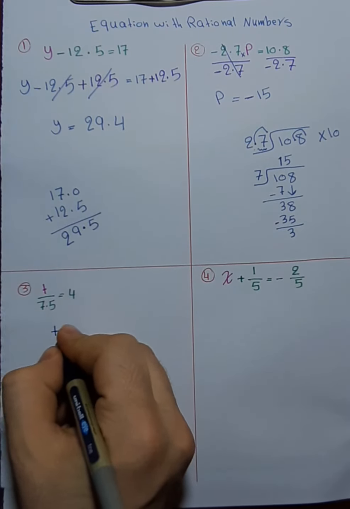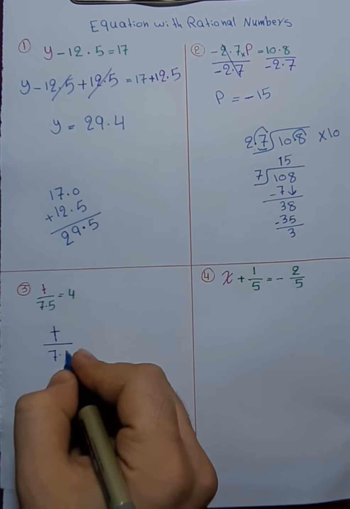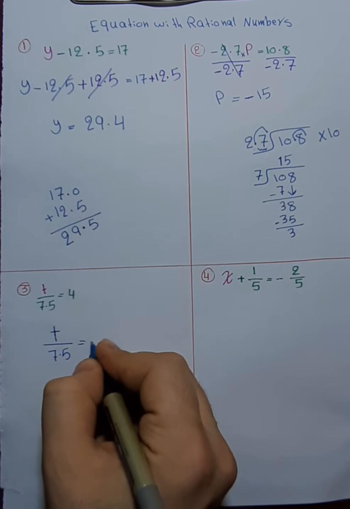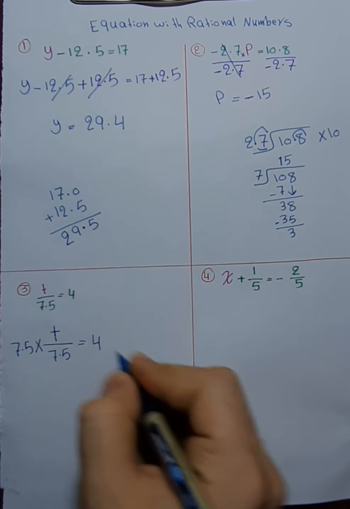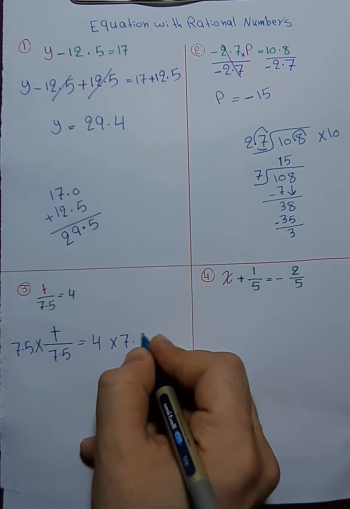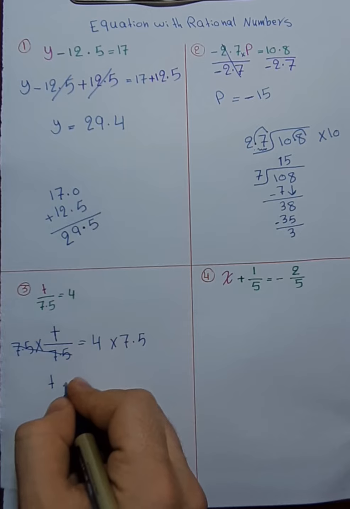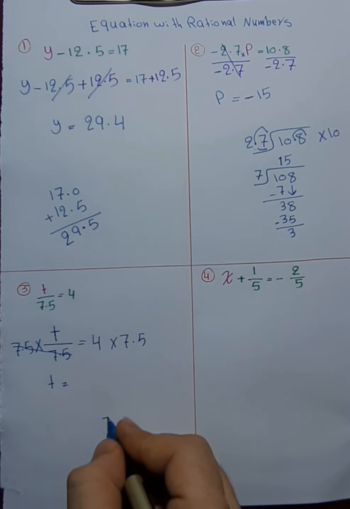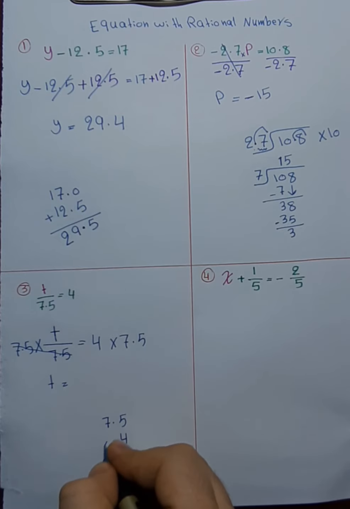So we have t out of 7.5 equal to 4. We have to multiply both sides by 7.5. These two numbers are reduced. t equal to 4 times 7.5.